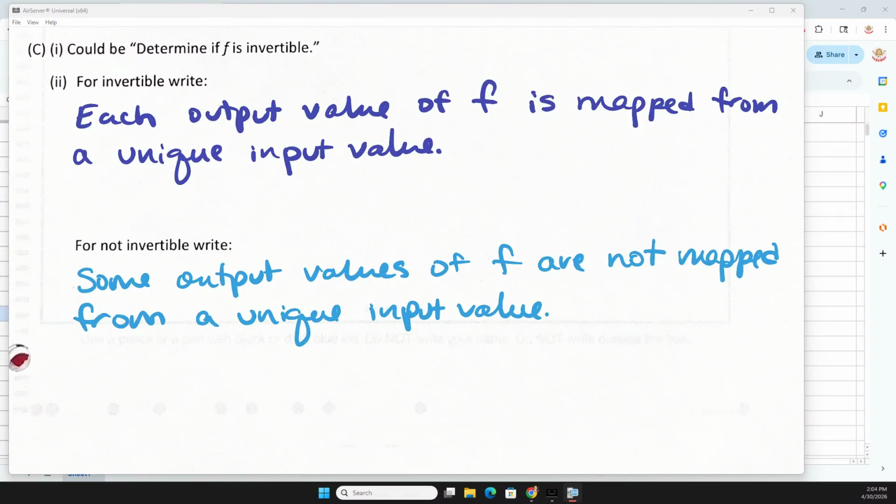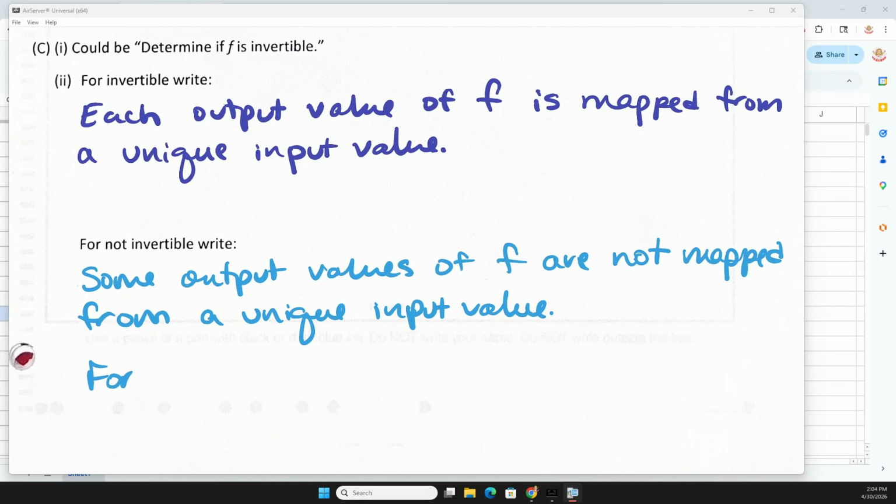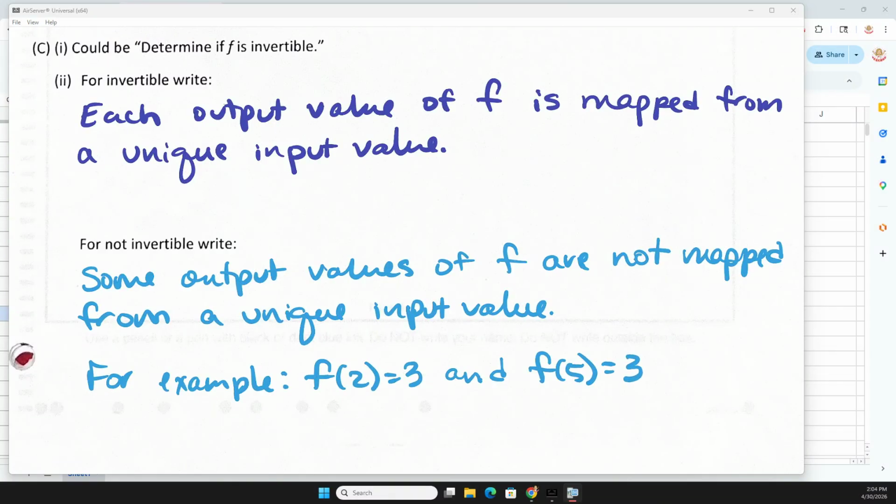And you have to give an example. So I just made one up. It would have to go along with your function, but for example, f of 2 equals 3 and f of 5 equals 3. So if you don't give an example on that, you don't get your point.